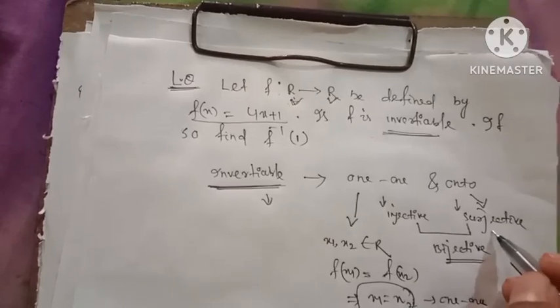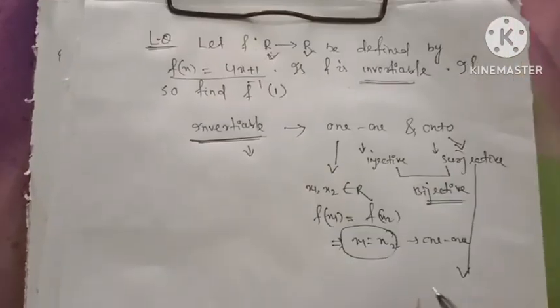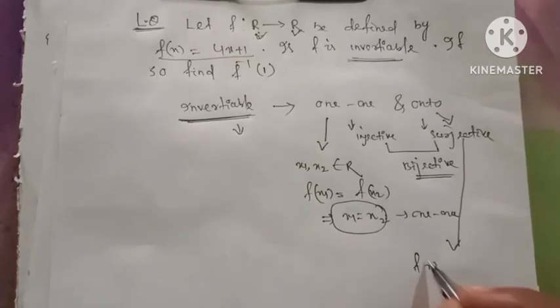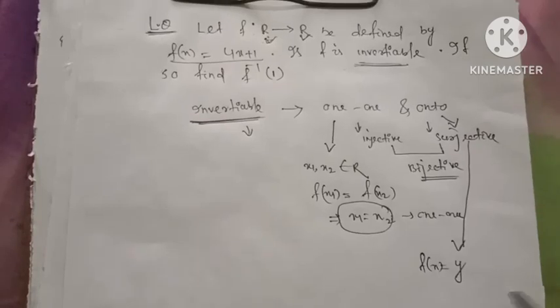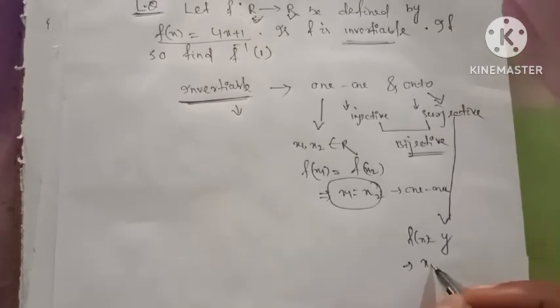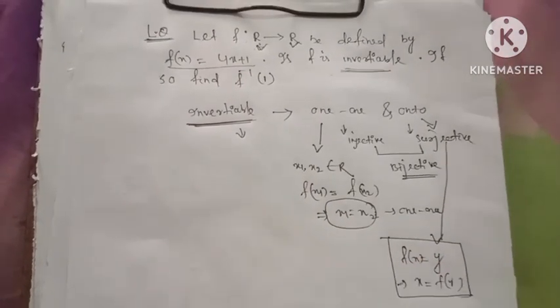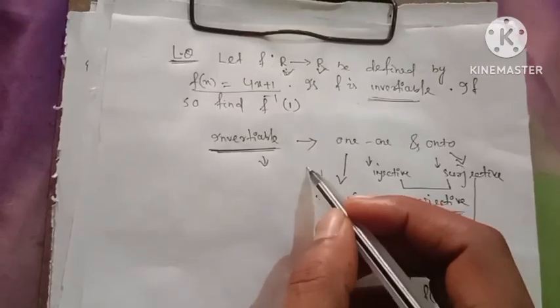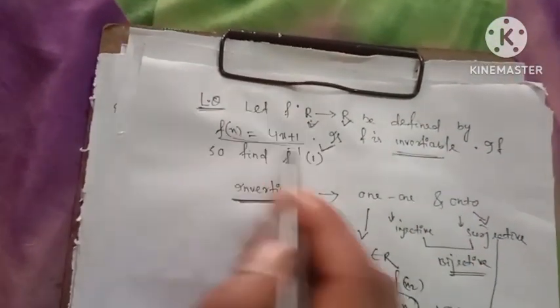A function is said to be onto, meaning surjective, if f(x) equal to y, and if I prove that x equal to f(y), then it becomes onto. So I will apply the given condition, and I can easily verify.